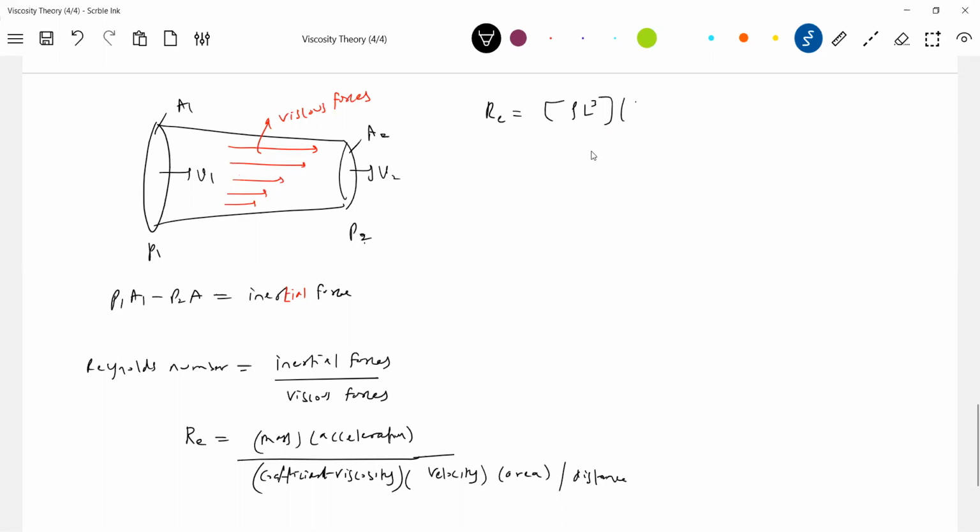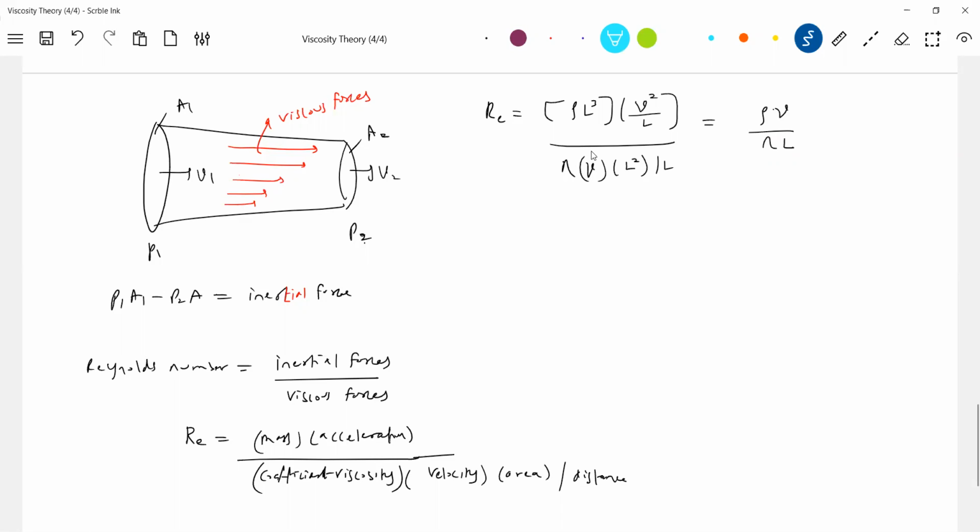For acceleration, we use v square equals 2s. The coefficient of viscosity is eta, then velocity v, area L square, distance again L. When I solve all this, one v gets cancelled, and we end up with rho v and eta, with one L left over.